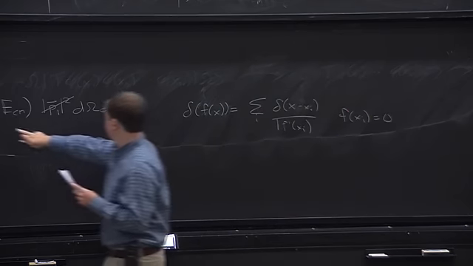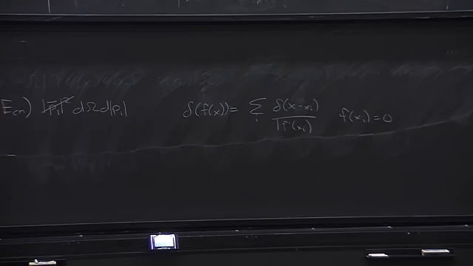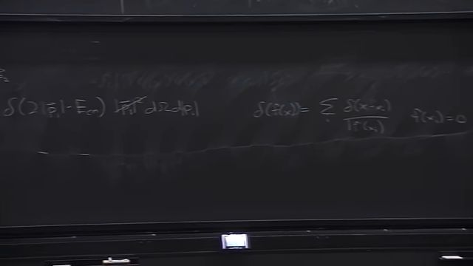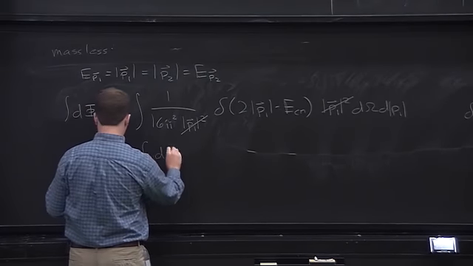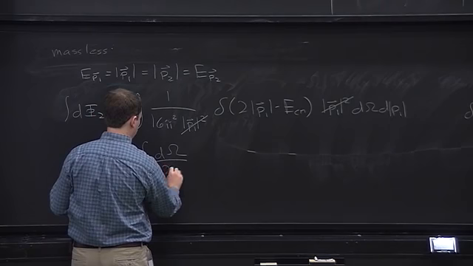So we get a factor of a half from that. So we've got a 2p1 instead of just a p1. And so this is equal to the integral d omega over 32 pi squared.